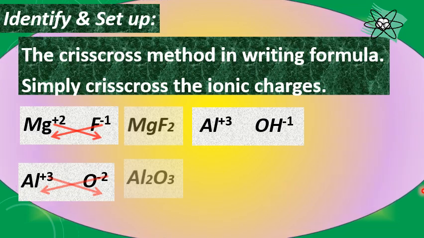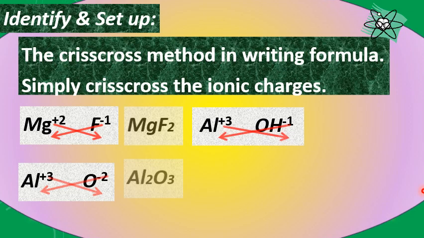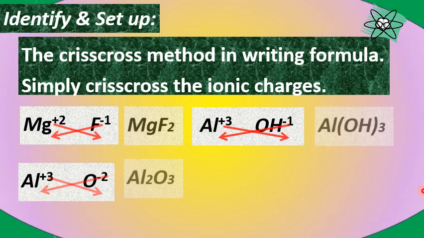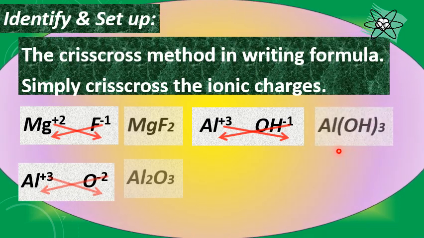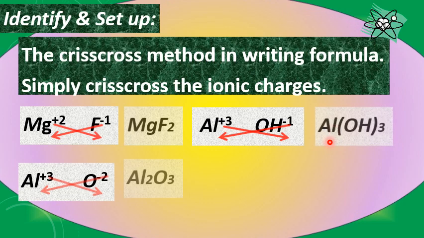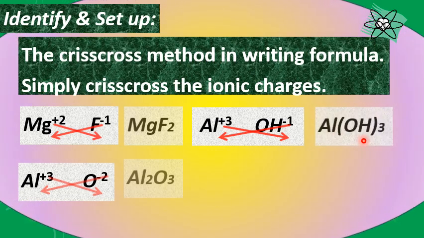So, when crisscrossed, the resulting compound is written as Al(OH)3. It's understood that the subscript of aluminum atom here is 1. So there is 1 aluminum atom.